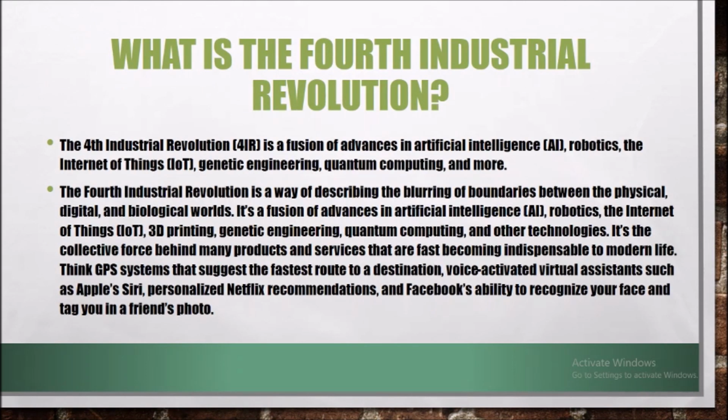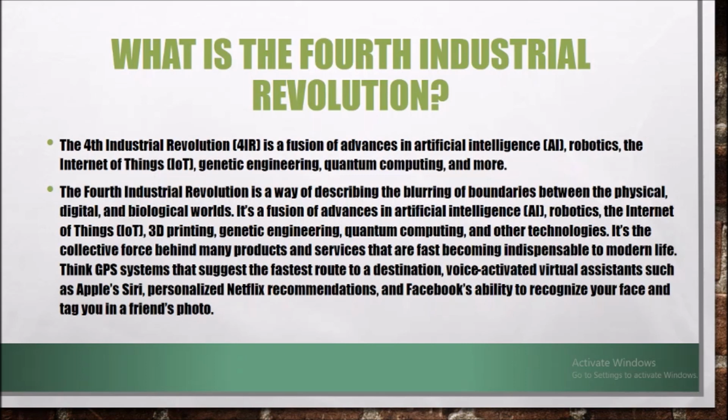Alright, so our first topic would be what is the fourth industrial revolution? I think it's not that familiar to you, no? But let me read the description that I have written here. It's been said that the fourth industrial revolution, or 4IR, is a fusion of advances in artificial intelligence, or AI, robotics, Internet of Things, or IoT, and genetic engineering, quantum computing, and many more.